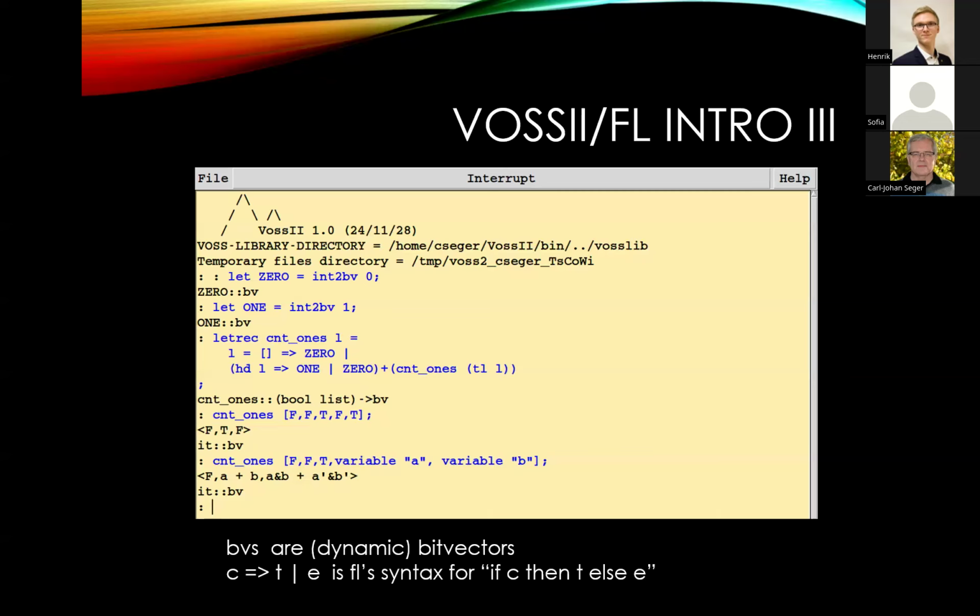So now you can write code that is rather funny. Here we have a count function that counts the number of ones. If the list is empty, it's 0 into BB, that equals the bit vector for 0. Otherwise, if the head of L is true, then it's 1, otherwise 0, and then add the other ones. Except that the head of L might actually be a Boolean expression, it might not just be true and false, and it will do the right thing for all the symbolic expressions.